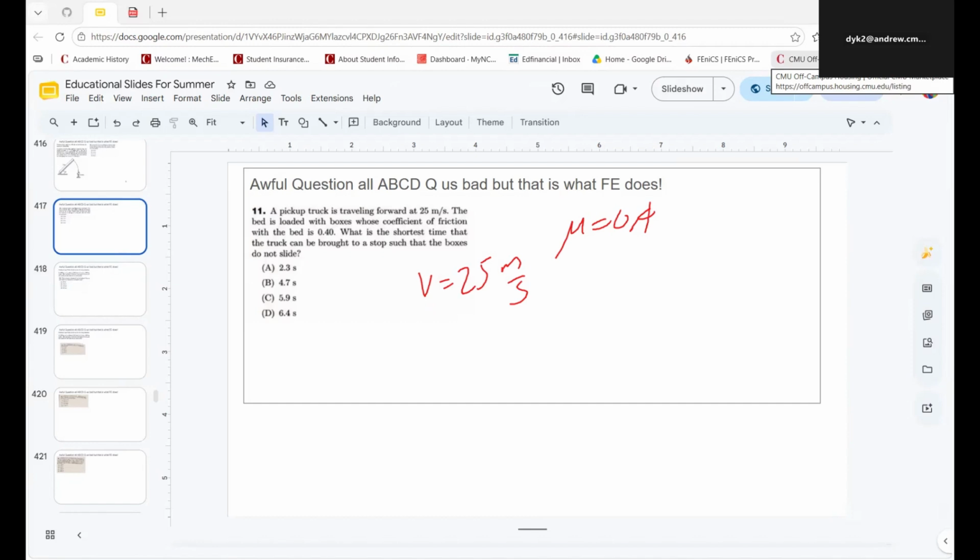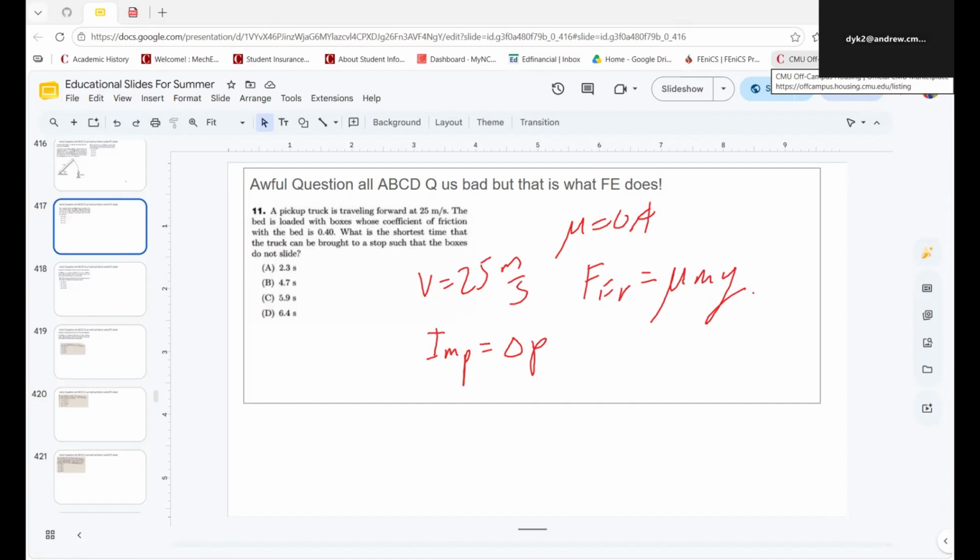So we need to find the friction force. Interesting. So this is definitely an impulse question. And we know what the friction force is. It's equal to mu mg, right? What we're looking for is basically the delta time. With the impulse there's a delta P, and you might be asking, what is the shortest time the truck can be brought to stop such that the boxes do not slide?